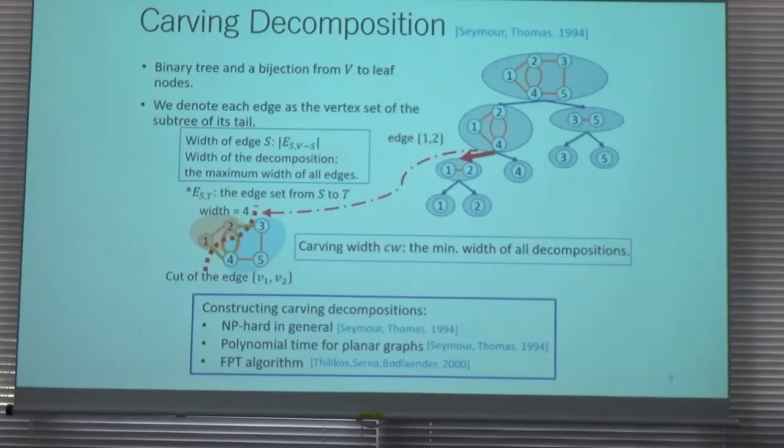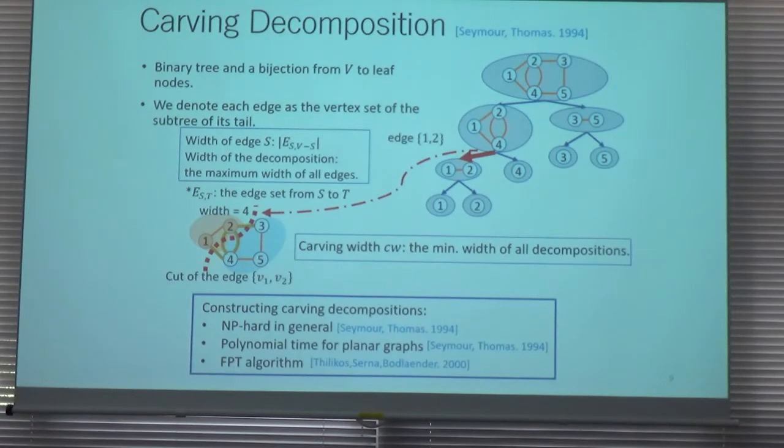And carving decomposition is a pair of a binary tree and a bijection between the vertex set and its leaf nodes. And in this binary tree, every edge has a width parameter.